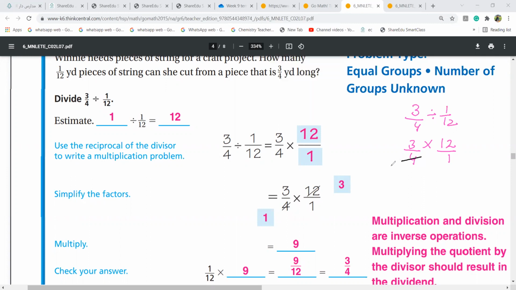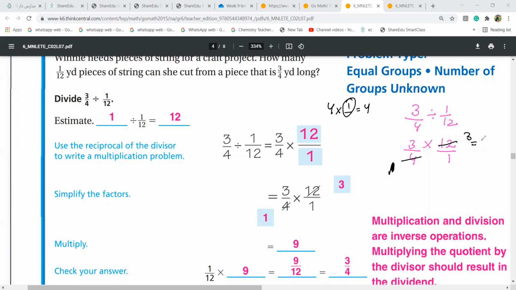4 times what gives you 4? 4 times 1. How about 12? 4 times what gives you 12? 3.